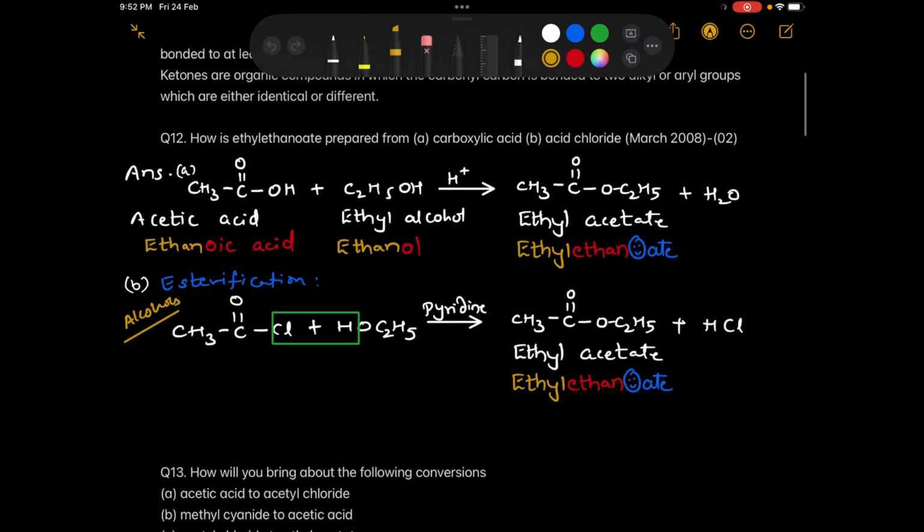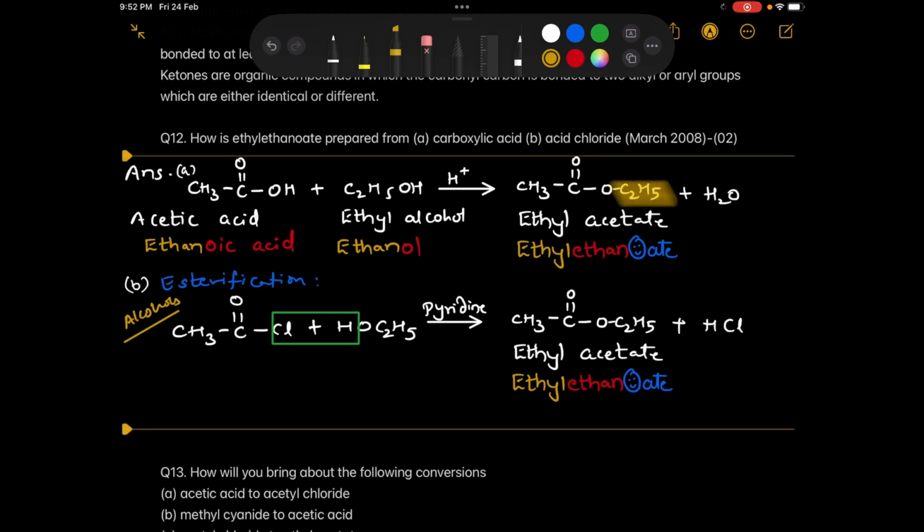How is ethyl ethanoate prepared from carboxylic acid and acid chloride? Let's see the first one. The product here is ethyl ethanoate, or you can also call it ethyl acetate. Now total there are 4 carbons here and we have to prepare it from carboxylic acid.